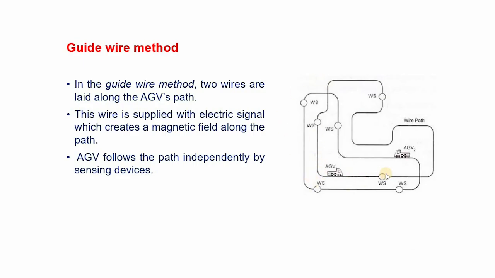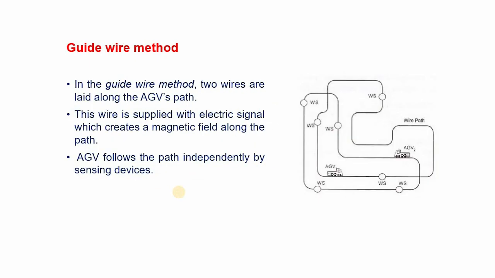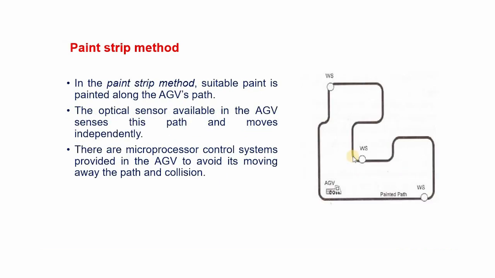The complete path creates the magnetic signals. So the automated guided vehicle follows the path independently by sensing the signals. Based on the sensor, it moves independently along the path.